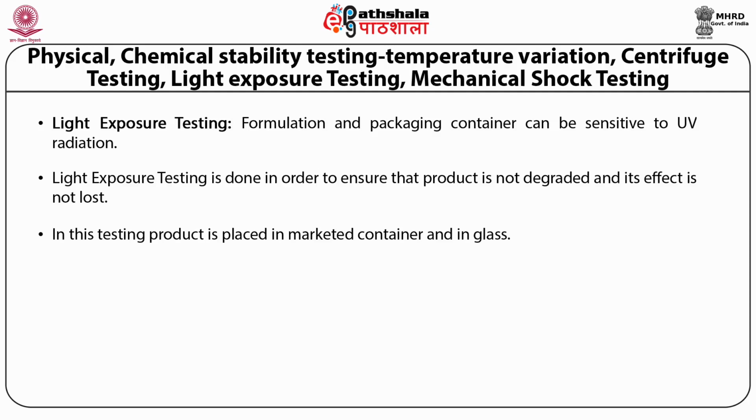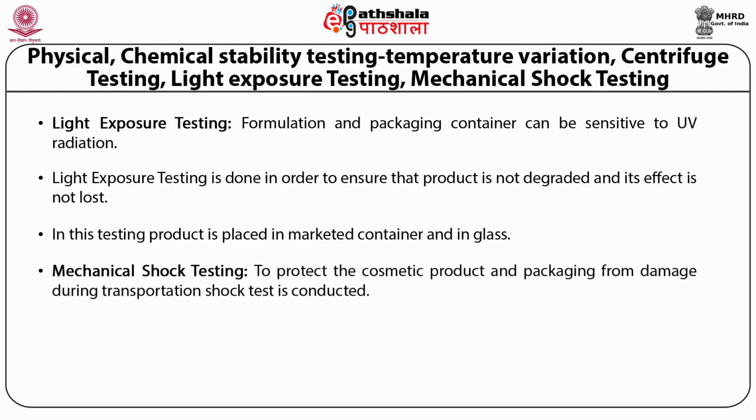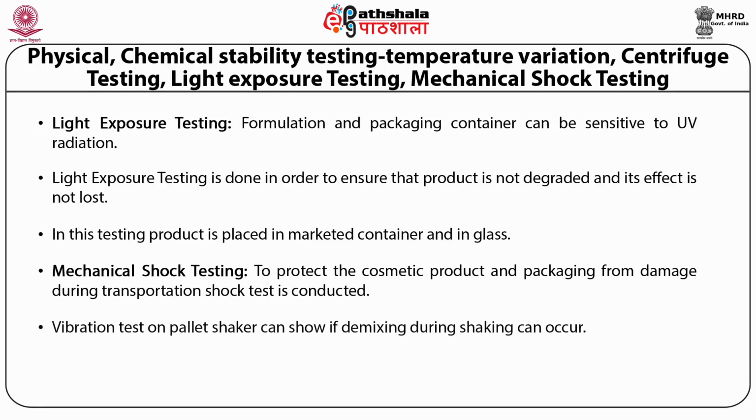If the product is discolored due to fragrance or any light sensitive ingredient, then a UV absorber, for example 0.1% benzophenone, is added. The mechanical shock testing is also done to protect the cosmetic product and packaging from damage during transportation. Vibration test on a pallet shaker can be done to show if demixing during shaking can occur.